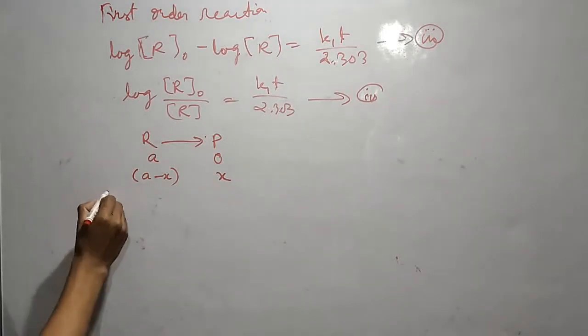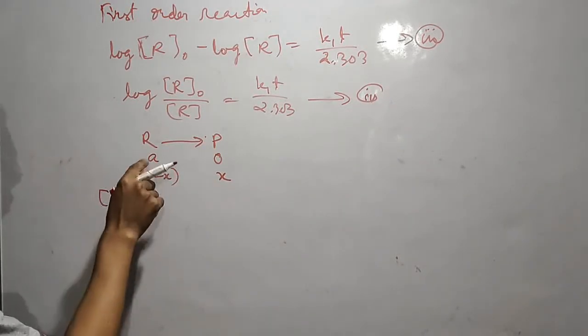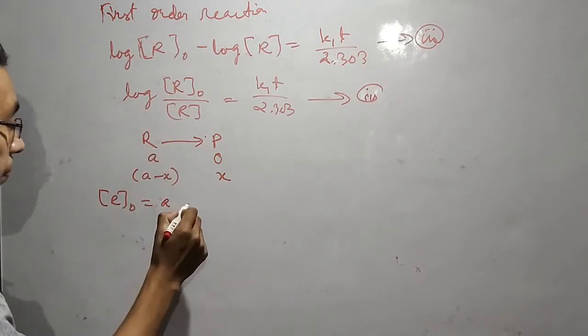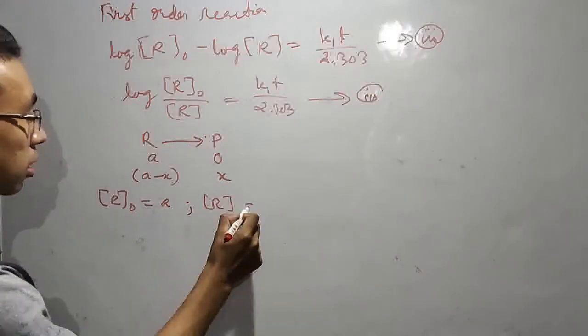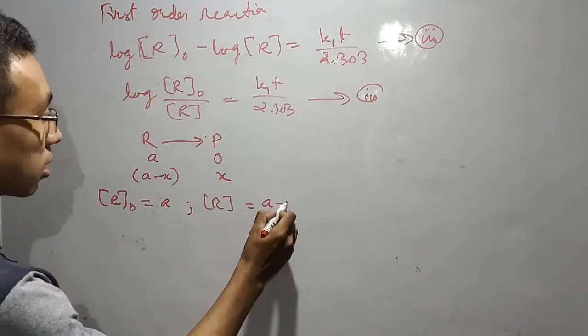Then here, see, r naught is the initial concentration, so here the initial concentration is a, and r is the concentration left, so here that is a minus x.